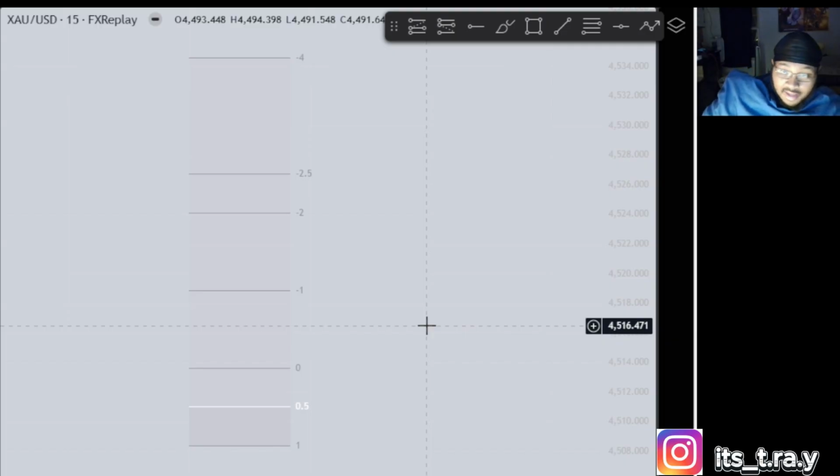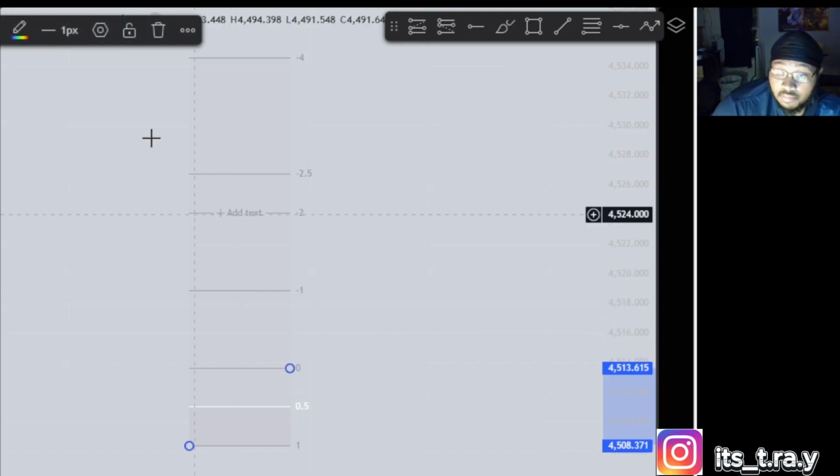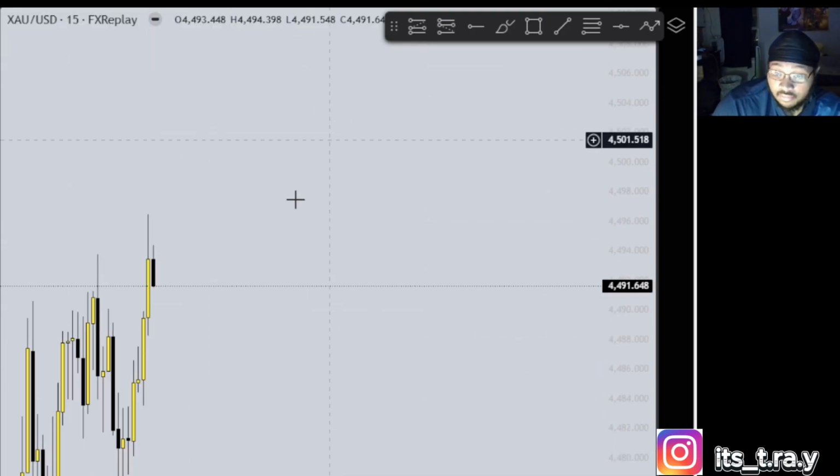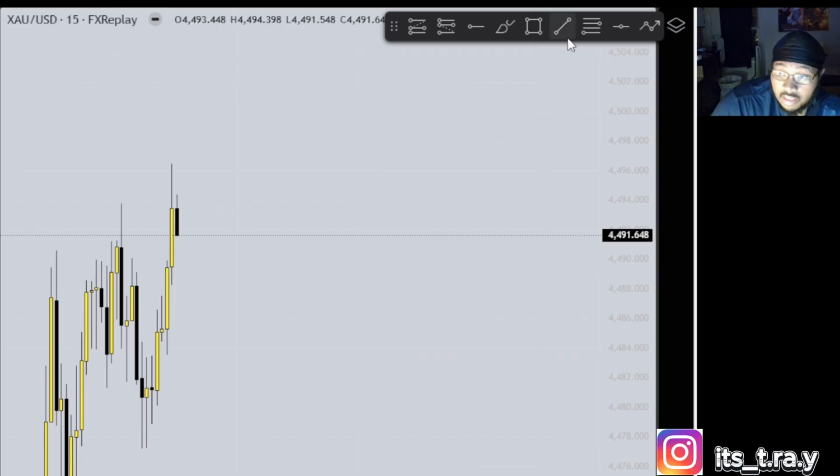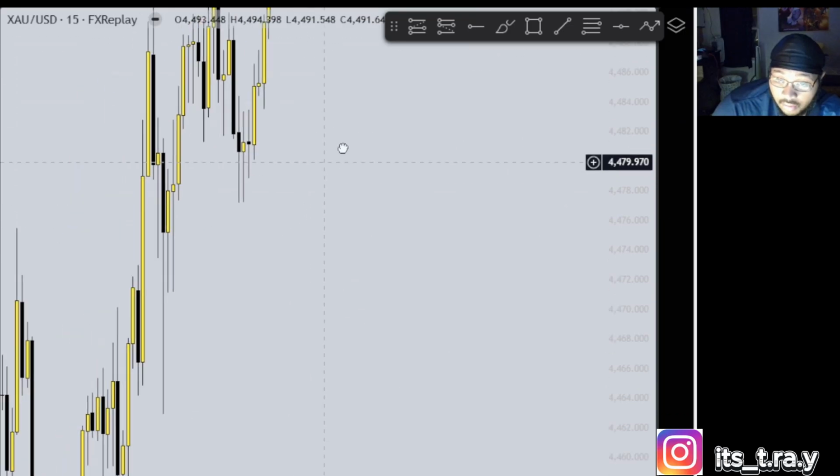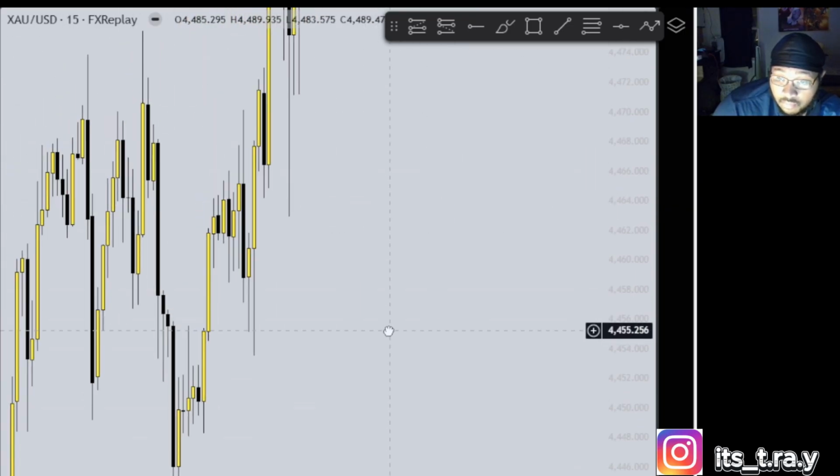So what I mean by that is I'll draw the Fibonacci tool low. It'll be easier to explain with candles. So right here, price sweeps liquidity somewhere right around, where's the sweep?